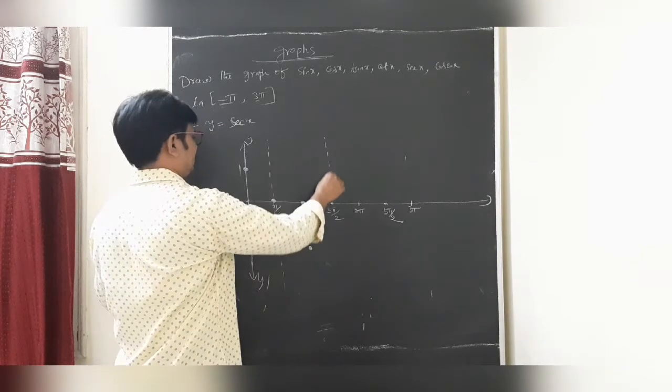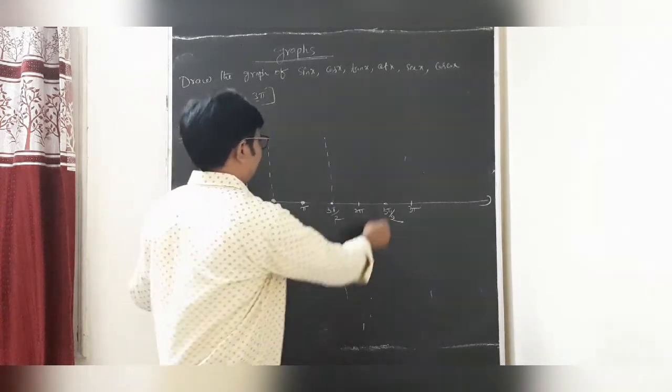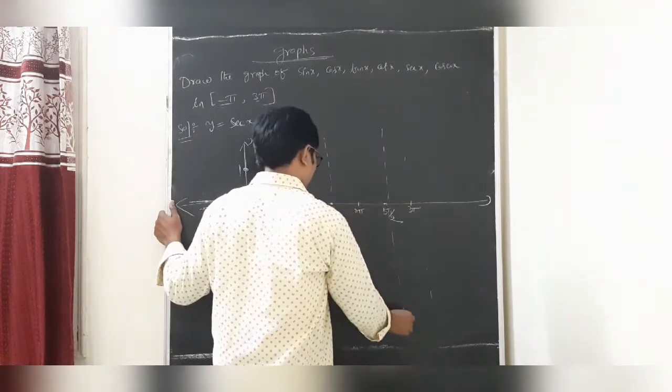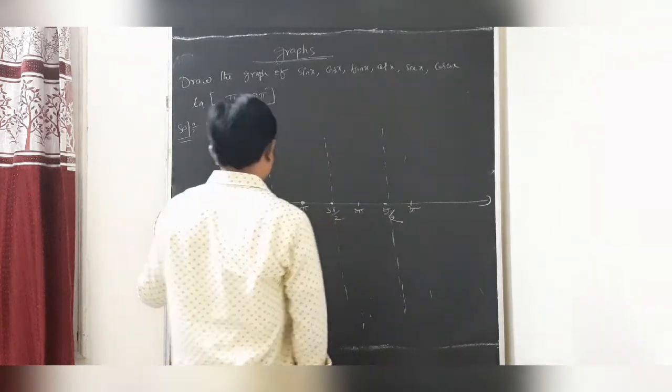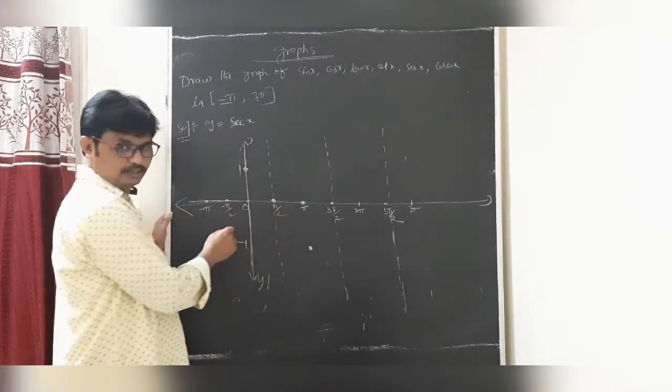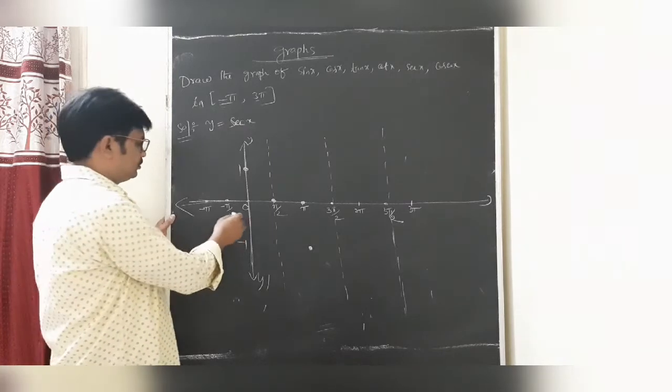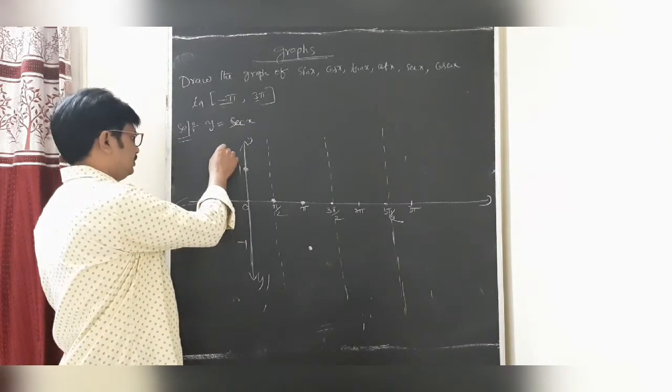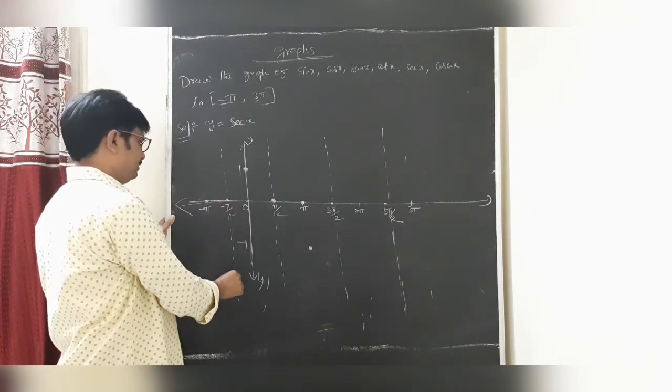Odd multiples of 90 are undefined, since cos 90 is 0, therefore secant 90 is undefined.